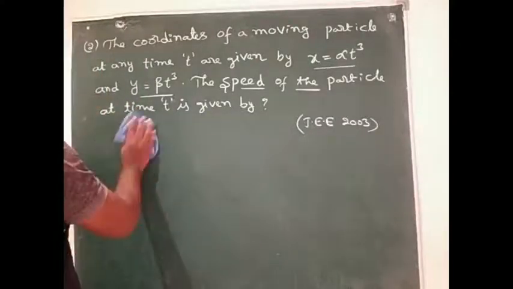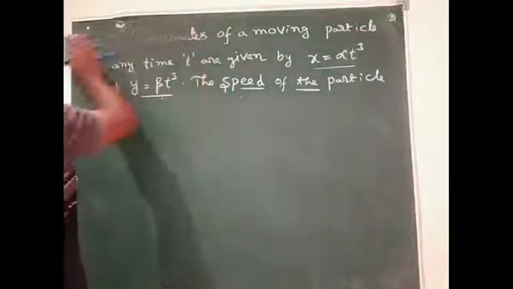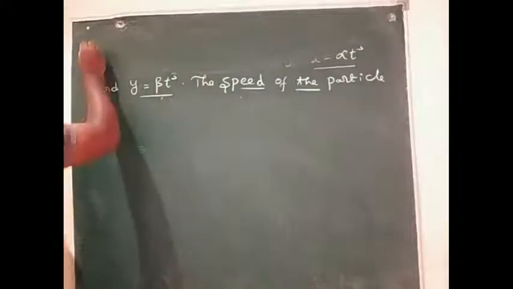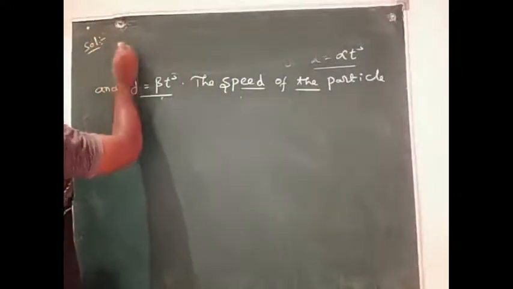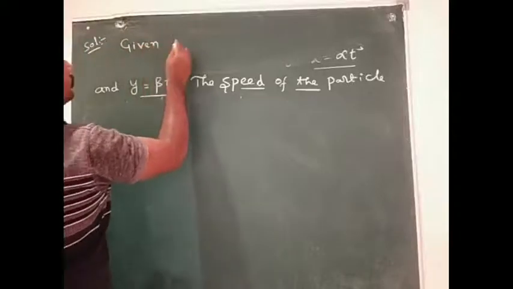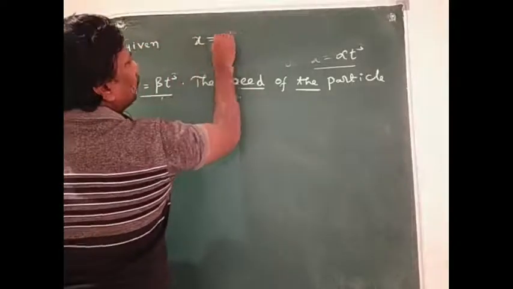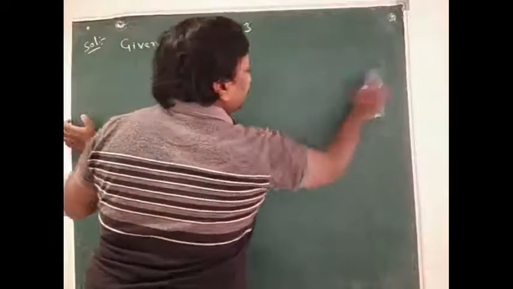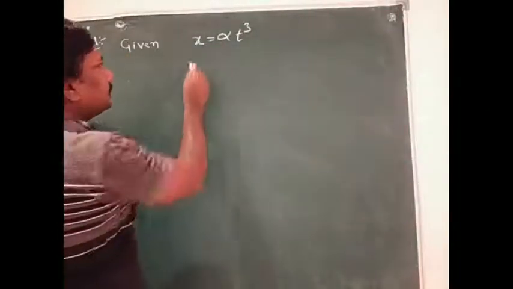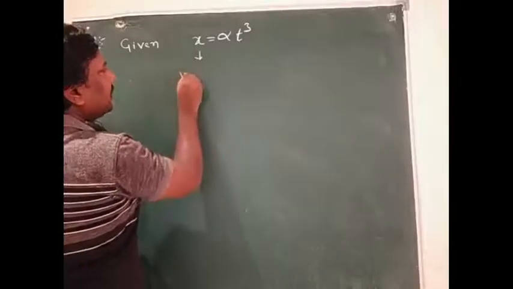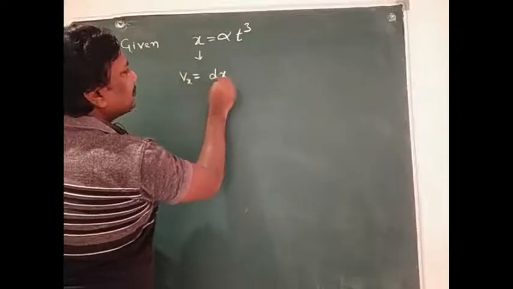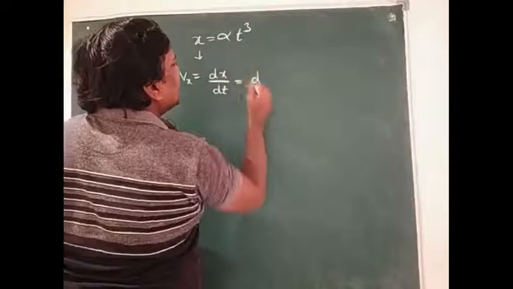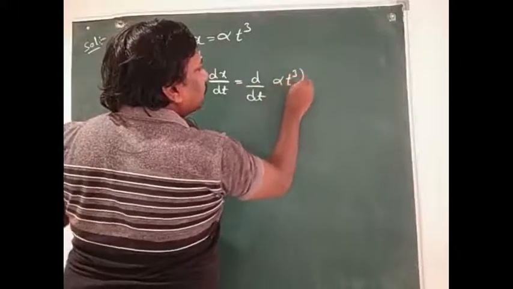Now in the given problem, x equal to alpha t cube. So here Vx equal to dx by dt, that is d by dt of alpha t cube.